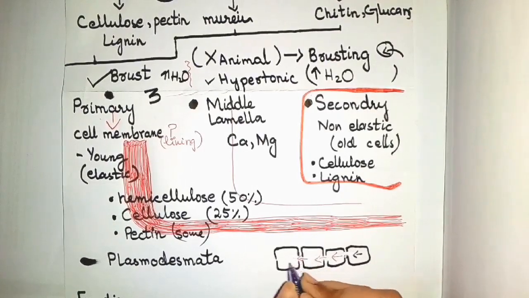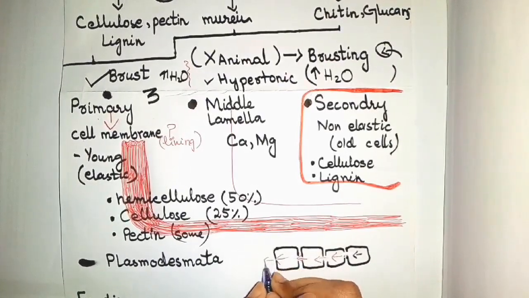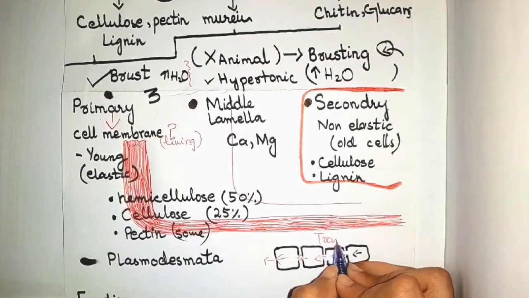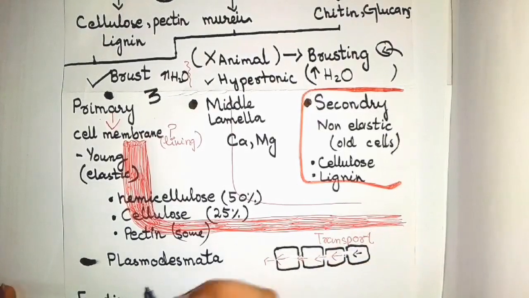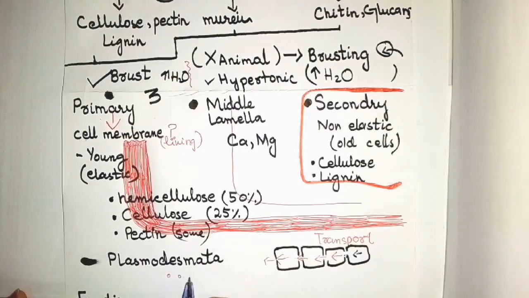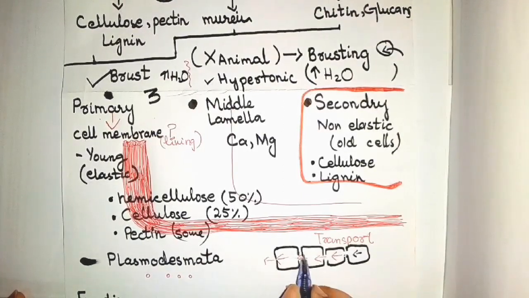You can see the white content, those pores, so it helps in transport. These small pores in the cell wall connect the cell to the neighboring cell.